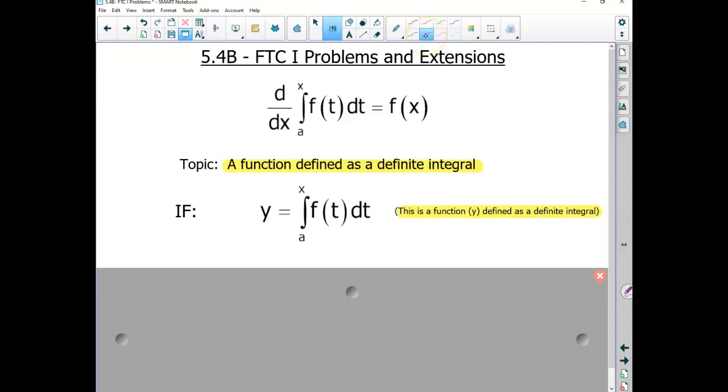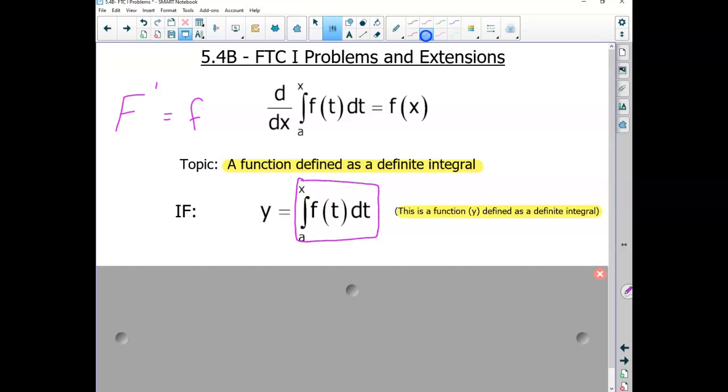So a huge part of today is understanding that the derivative of big F equals little f, just with an x in it. And my function defined as an integral, just remember, this is what we've spent the last 2 days doing.